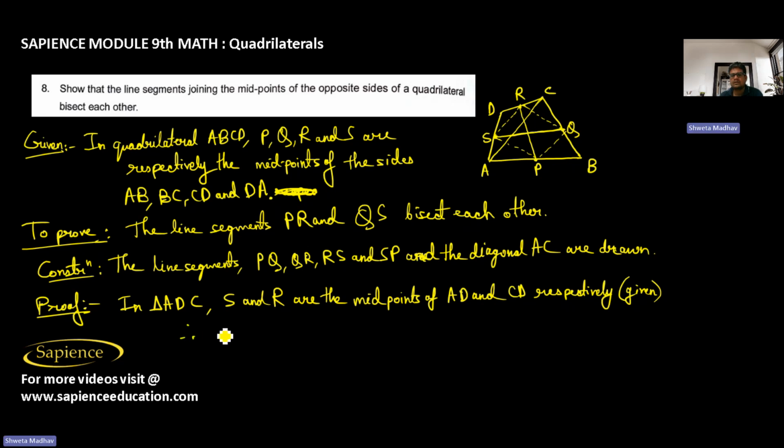So therefore I can say that SR is parallel to AC and SR is equal to half of AC, hence by using the midpoint theorem.